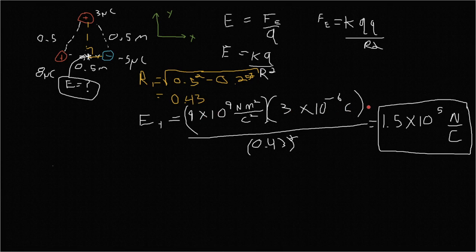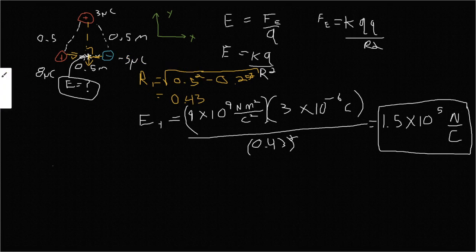The electric field will point away from a positive charge and toward a negative charge, so these two electric fields can be added.